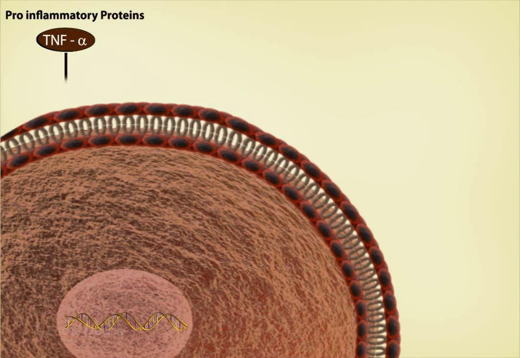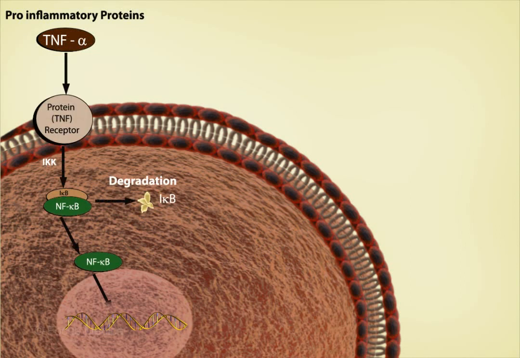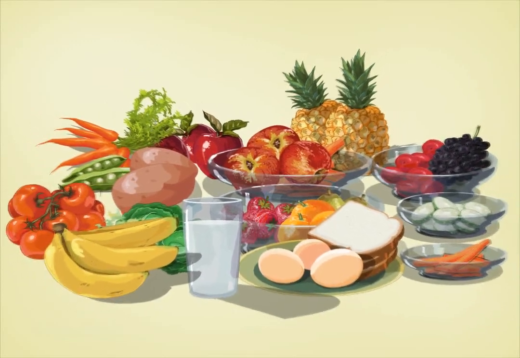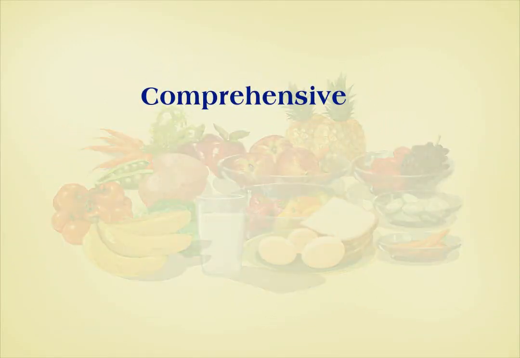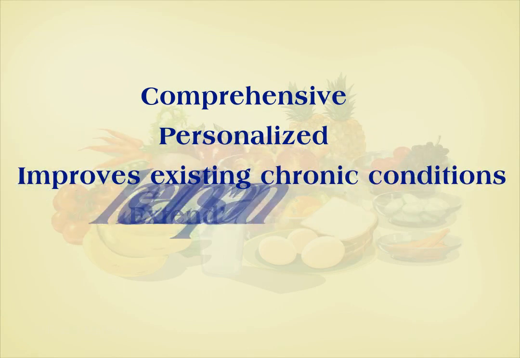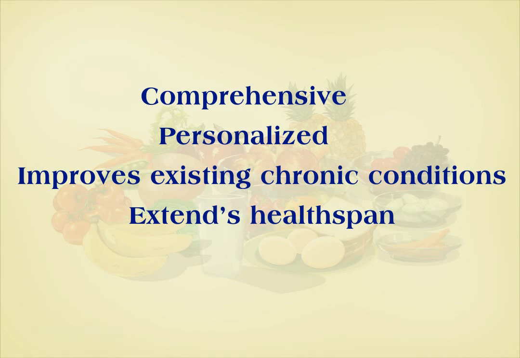New insights into the molecular biology of the resolution response have led to the development of a comprehensive nutritional program termed Pro-Resolution Nutrition. This nutritional program represents a comprehensive, personalized dietary pathway to achieve improved treatment of existing chronic conditions, as well as extending one's health span.